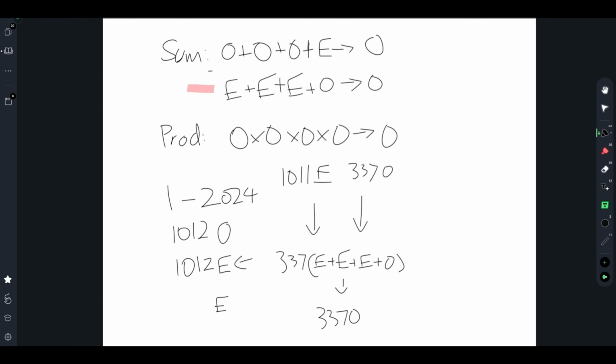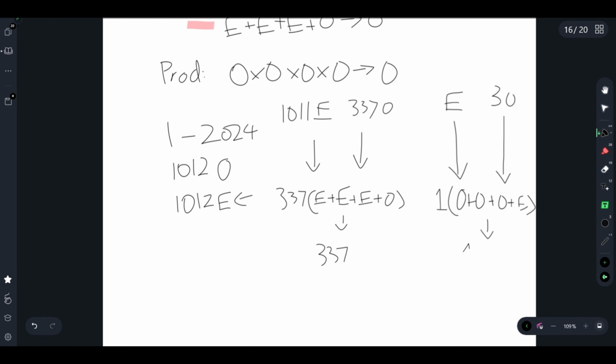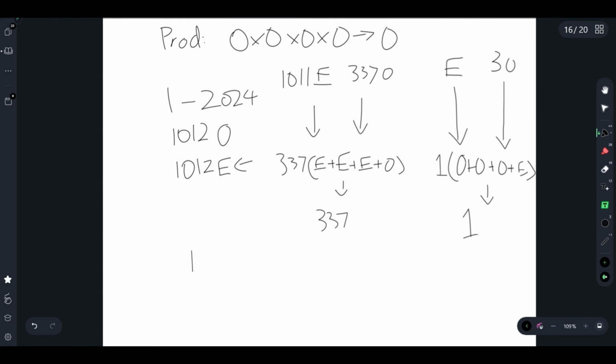So now we have to use the next formula, and this is not as cost efficient. We have to use one even number and 3 odd numbers. And this gives us one group of O plus O plus O plus E, and this gives us one odd number. So we have 1012.